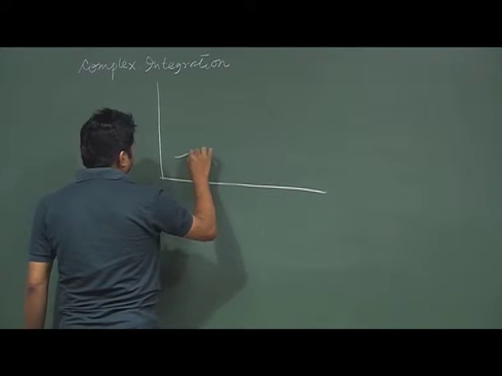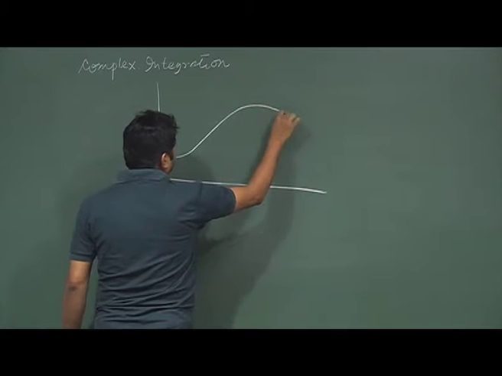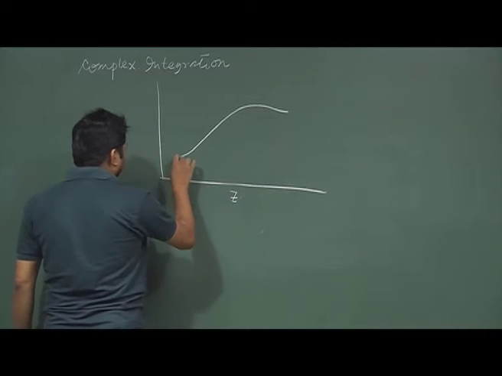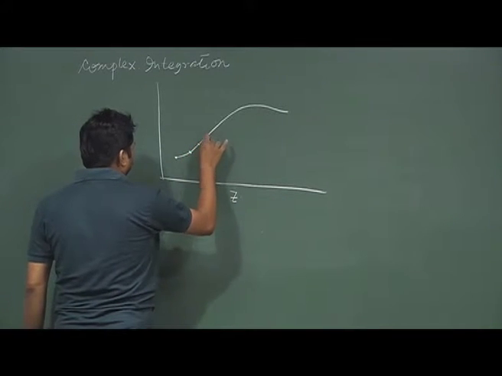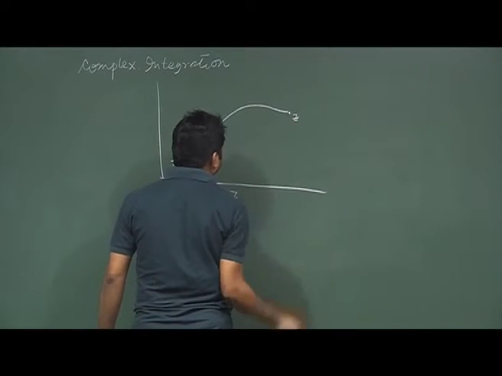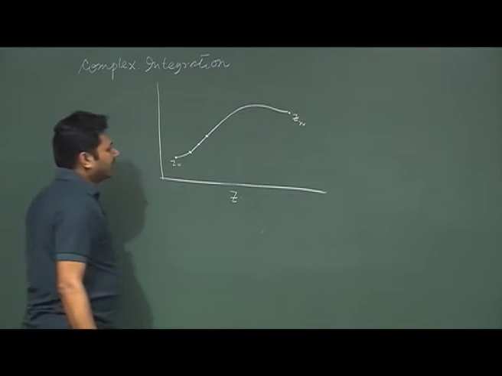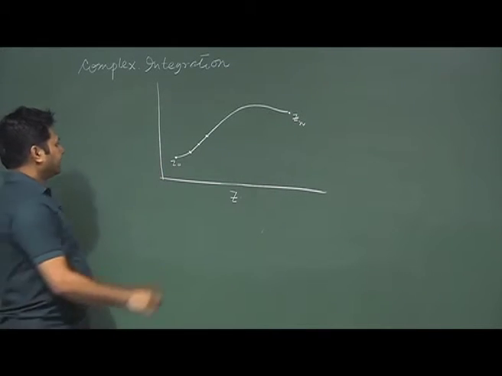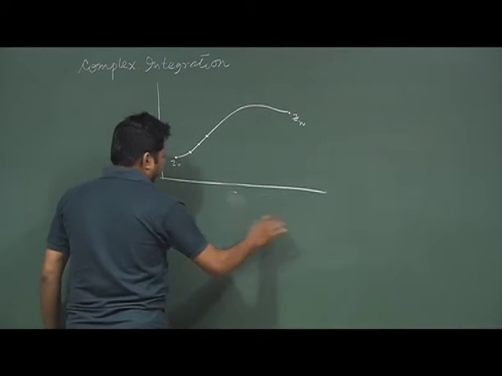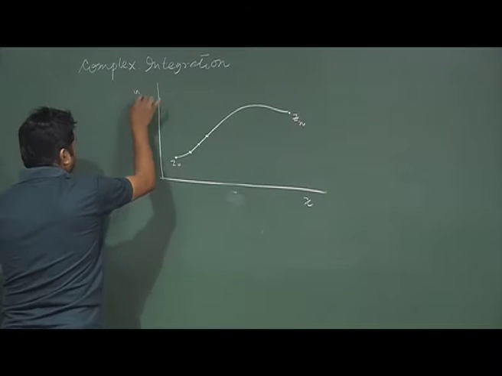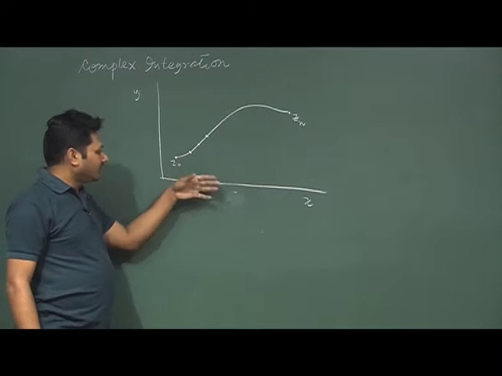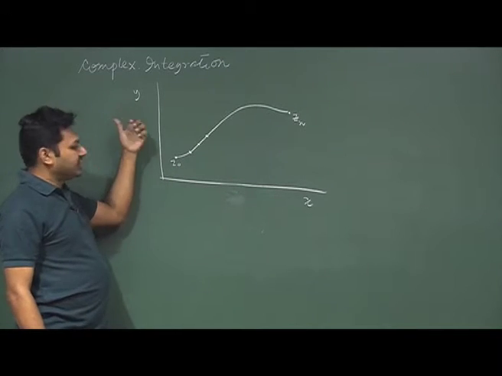So, z is changing like this, and there are small segments, say z0 to zn, there are n different segments and it is changing like this. This is x and y, for different x and y values I will have different z values. So, it is now x and y changing independently.